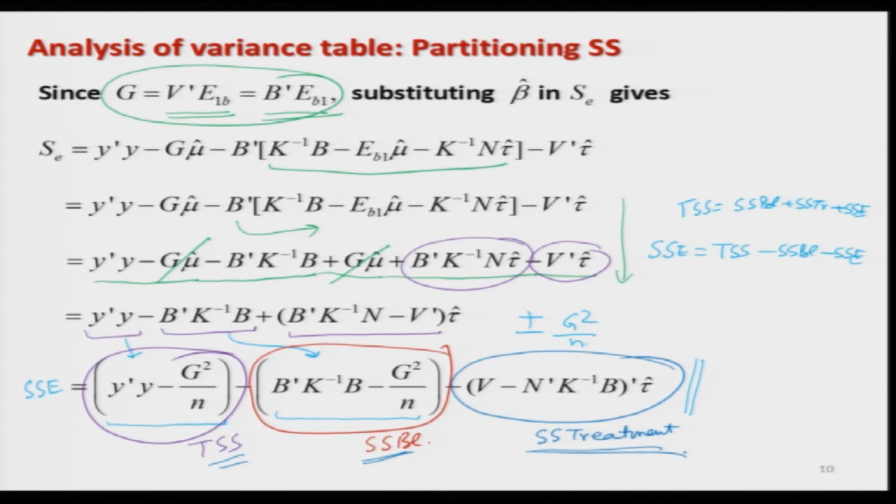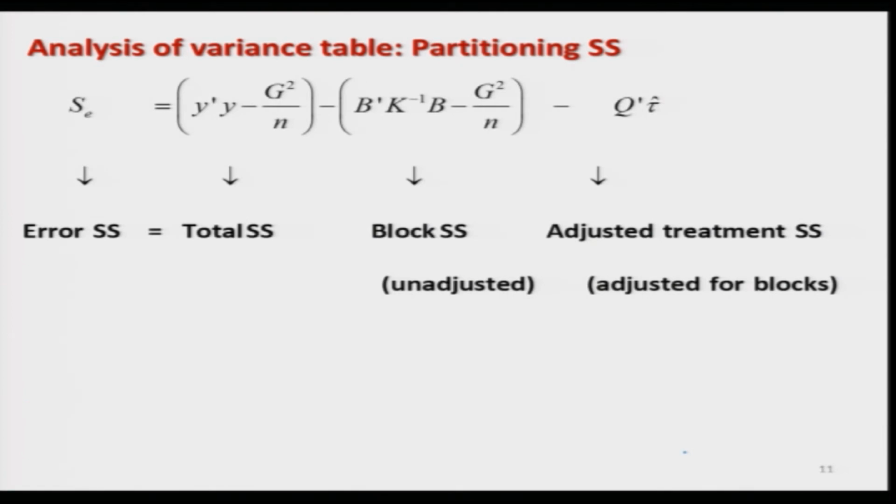So, now if you try to think from this point of view, what you have written here? You have written the SSE like this. I am trying to denote this error sum of square by SE, and you have to keep in mind that the analysis of variance we are now going to do is actually the intra-block analysis of variance.